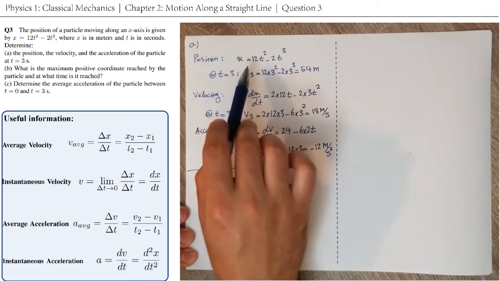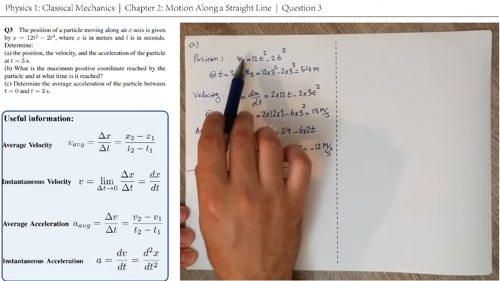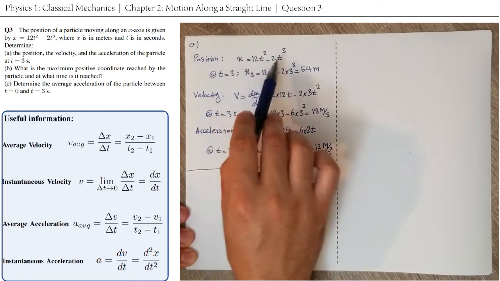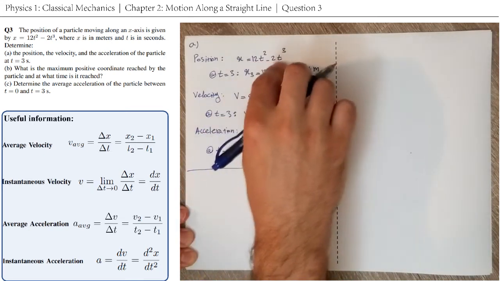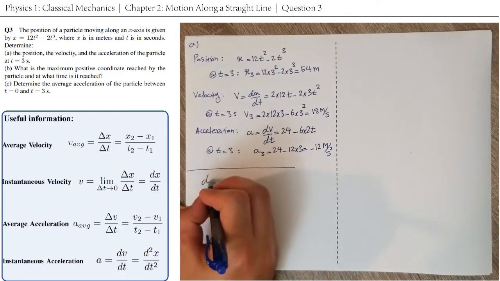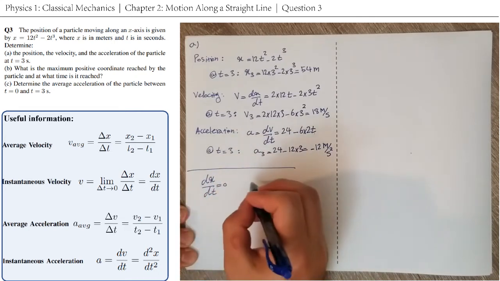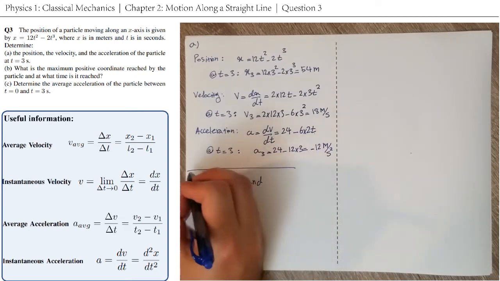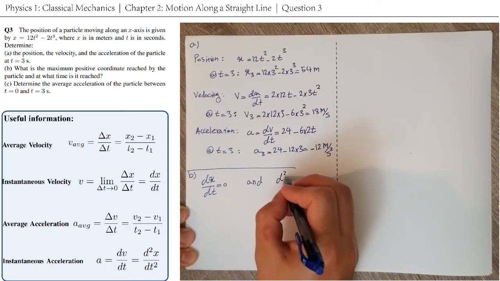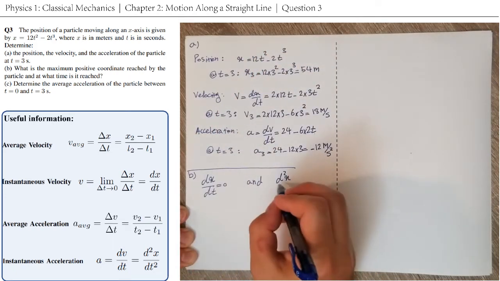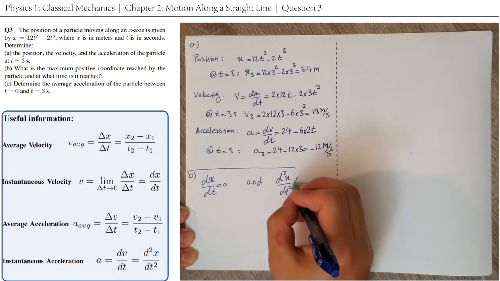Going back to calculus, you should remember that in order to obtain the maximum of a function which is differentiable, all you need to do is to obtain t so that dx, the first derivative, is equal to 0, and this is part B. And the second derivative of the function, which in our case is x, with respect to time, t, is negative.